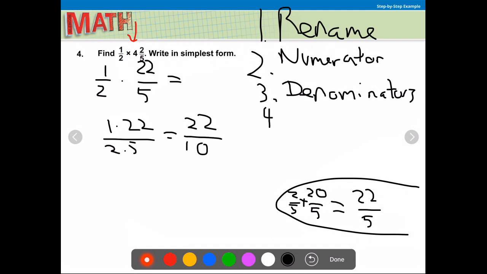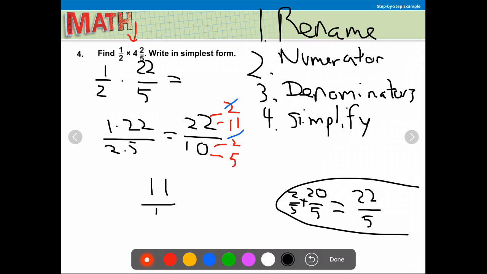And our step 4 is simplify. So we're going to simplify. 22 is 2 times 11, and 10 is 2 times 5. So now I can get rid of those 2's, and I'm left with 11 over 5. So my answer is 11 over 5.